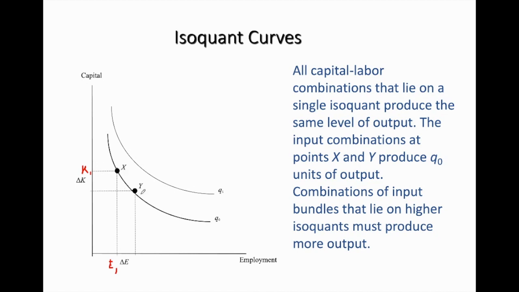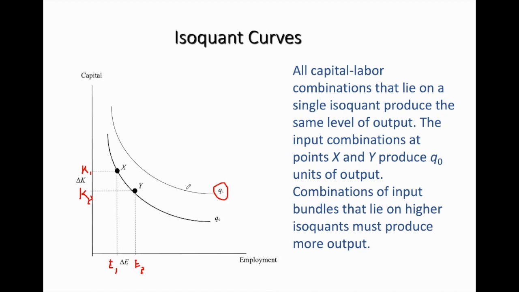Alternatively, the firm can also produce Q0 as indicated by this point, Y, where the firm may hire K2 amount of capital and E2 amount of workers. So this is another possible combination. Another thing about the isoquant curve is that isoquant Q1 lies much higher than Q0.